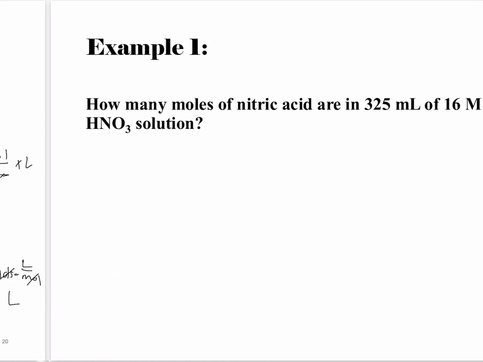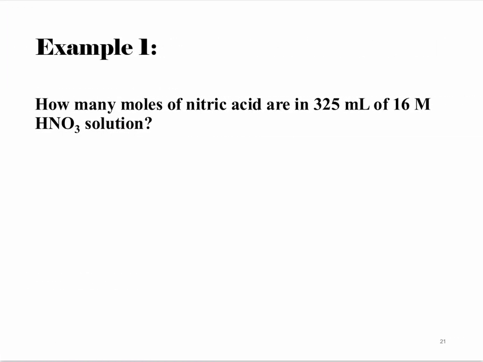Okay. So here we're given a practical application. How many moles of nitric acid are in 325 milliliters of 16 molar nitric acid solution? All right, so we're asking to solve for what? The number of moles. This is what we want: the moles of nitric acid, HNO3.